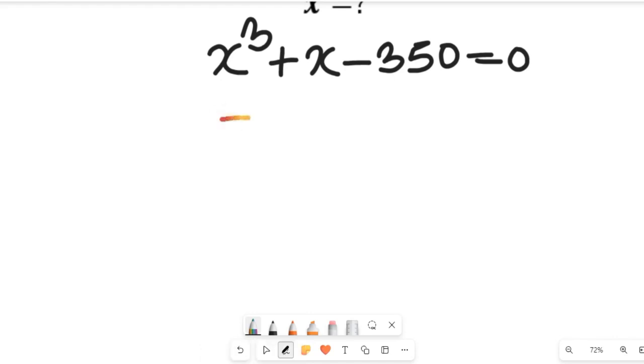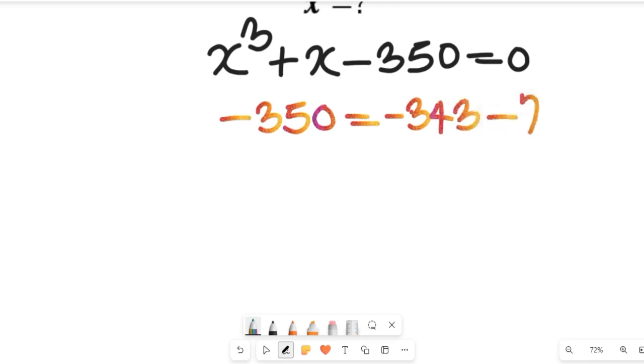Now let's look at the number minus 350. Minus 350 can be separated to give us negative 343, right? Negative 343 minus 7 will give us 350.